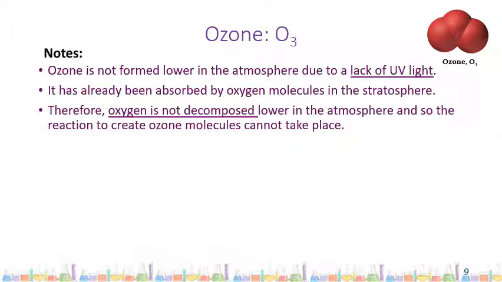The light from the sun coming towards Earth reaches the outer layer, the stratosphere, first, and is absorbed by molecules there. It doesn't make its way down to the troposphere, and so oxygen down here is not decomposed in the lower atmosphere, so the reaction to create ozone doesn't take place.